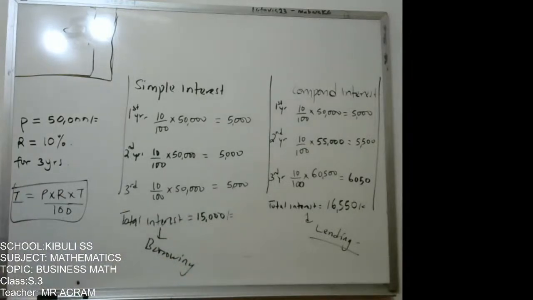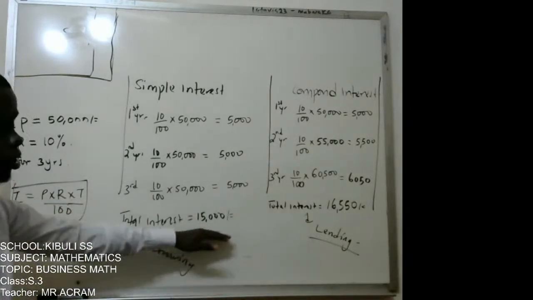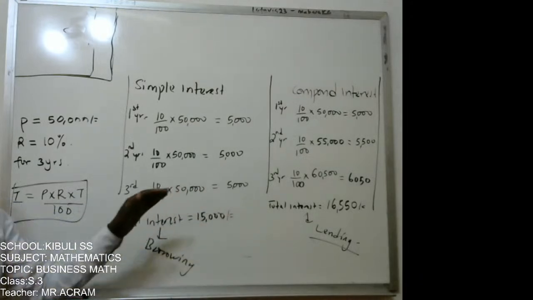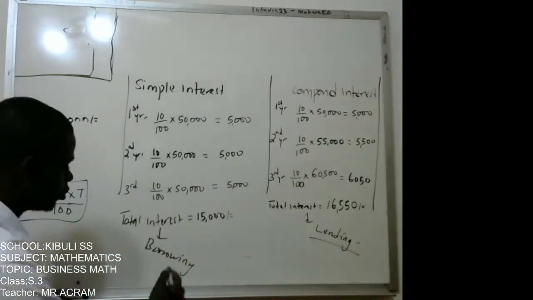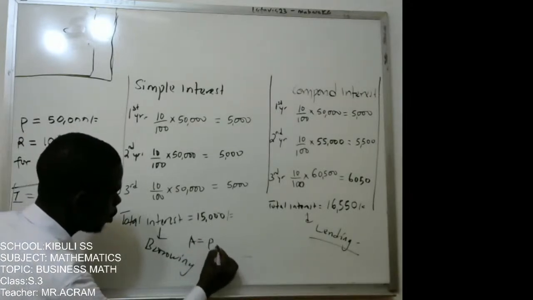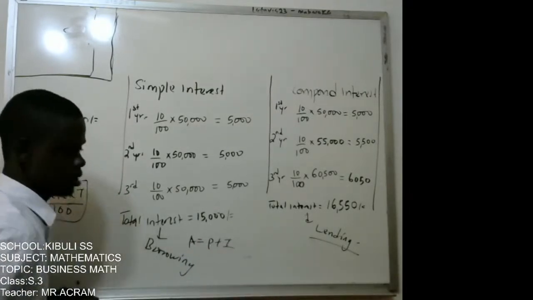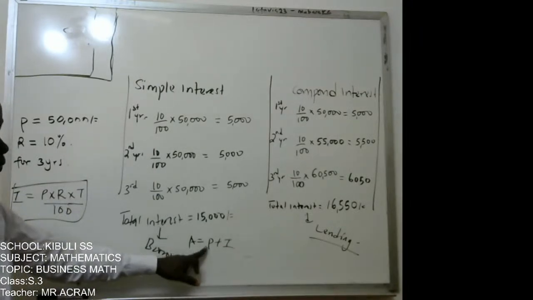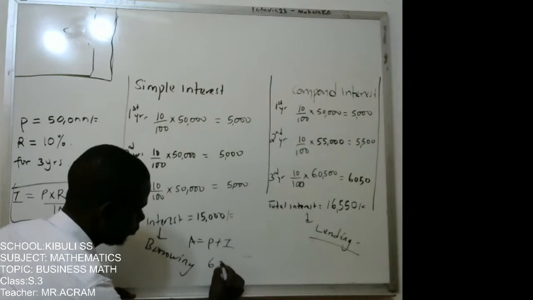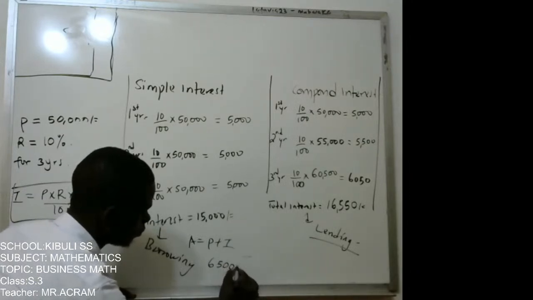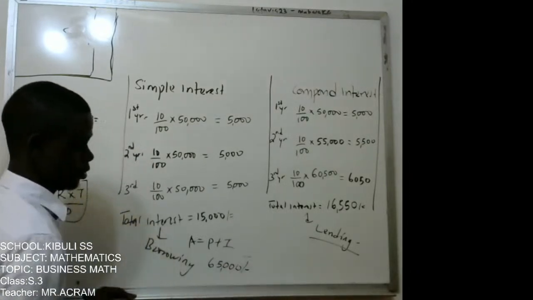Because here, the amount that you will pay back, because this is not the amount, you have to go look for the amount. What is the amount? How can I get the amount? Amount is equal to principal plus the interest. Okay? Which principal was 50,000 plus this. So here, you will take it back 65,000.